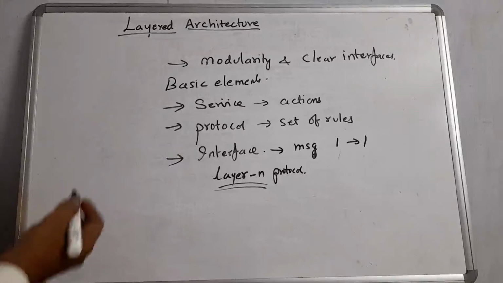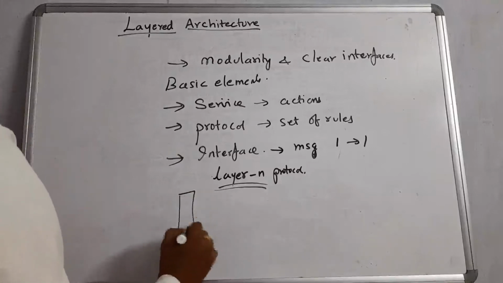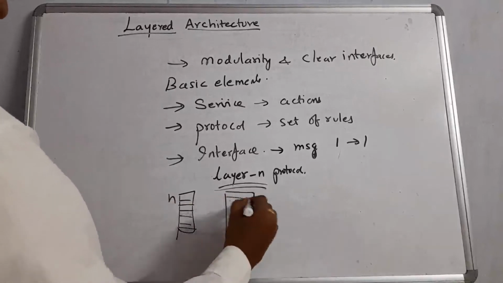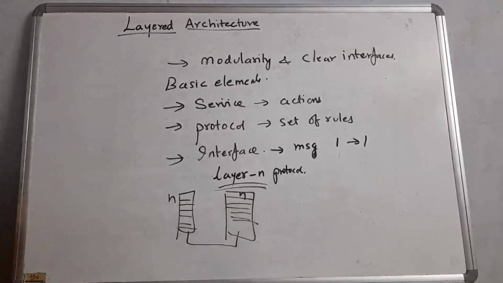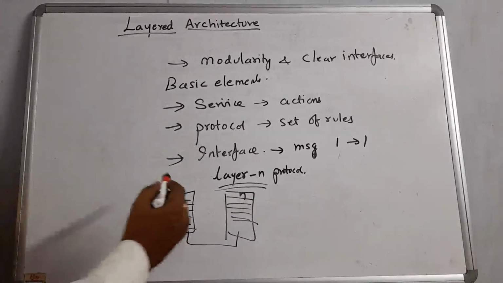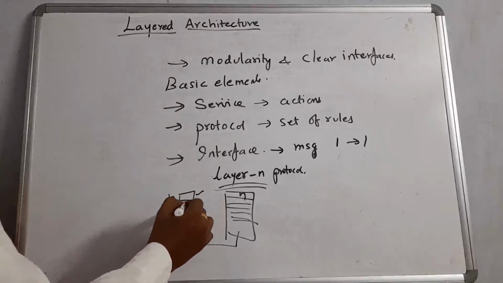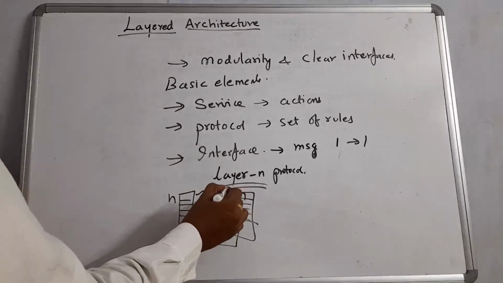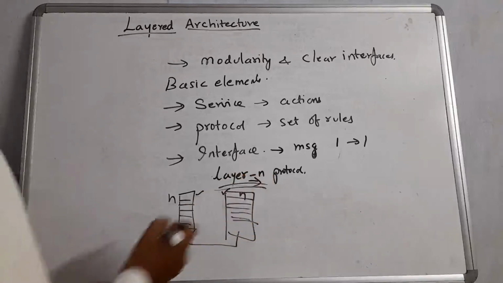Suppose we have a number of layers like this. Layer n on one machine will communicate with layer n on another machine, and the rules used in the conversation are known as the layer n protocol.